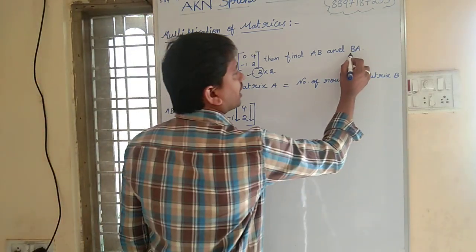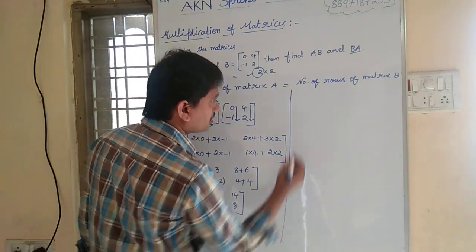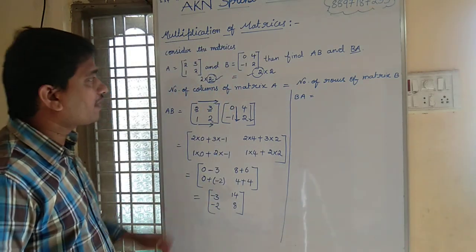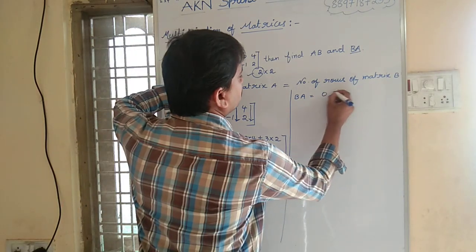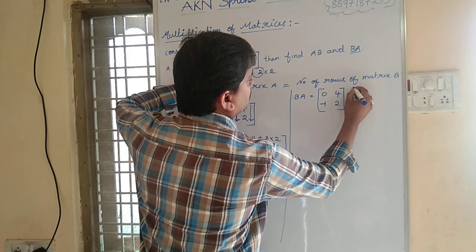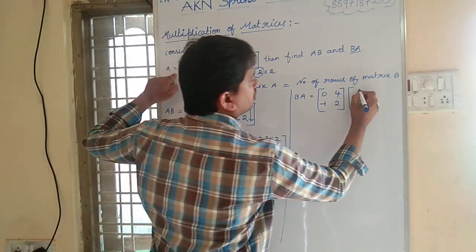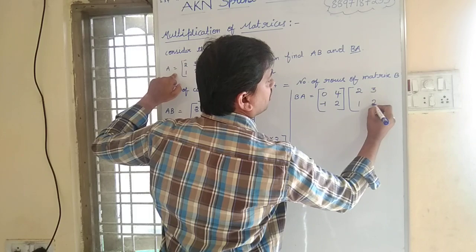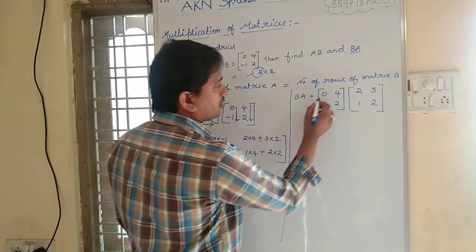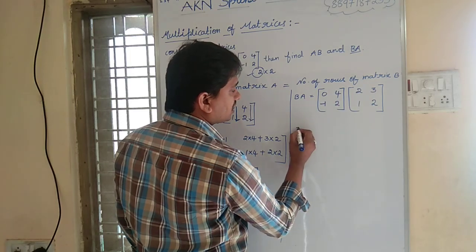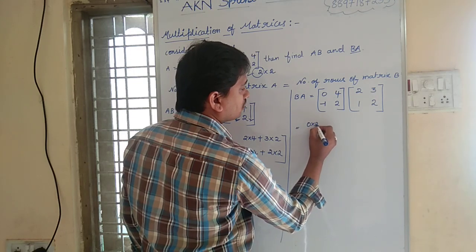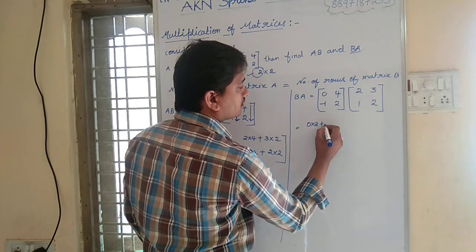And also they are asking to find BA. How to find BA? First we write the elements of matrix B, that is [0, 4; -1, 2], into what is A? [2, 3; 1, 2], children. See, first row, first column: 0 into 2 plus 4 into 1.